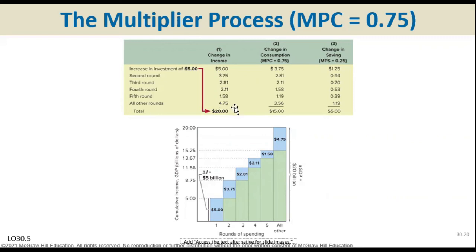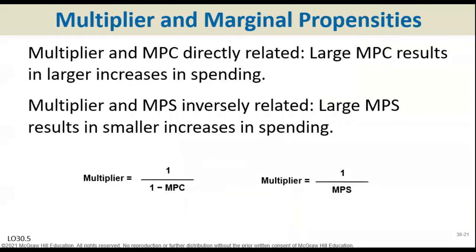And here you can deduce the multiplier. The multiplier is the change in the output divided by the initial change. So that will be 20 divided by 5. That will give you 4, which is our multiplier in this particular case.